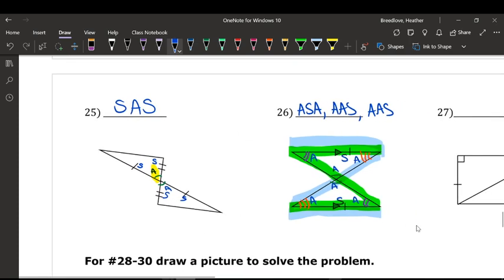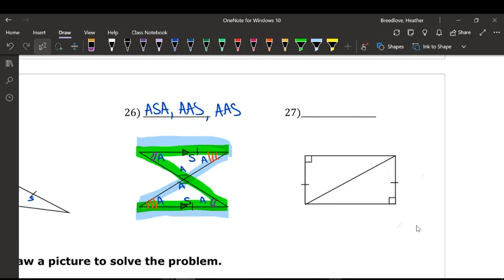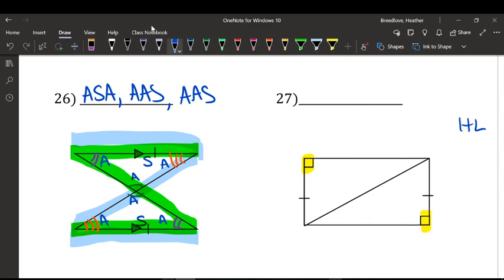And then number 27, we have another right triangle. We know right triangles, we want to check to see, does HL work? Because it's 90 degrees. So for HL, 90 degrees, yes. Is there a leg marked the same?